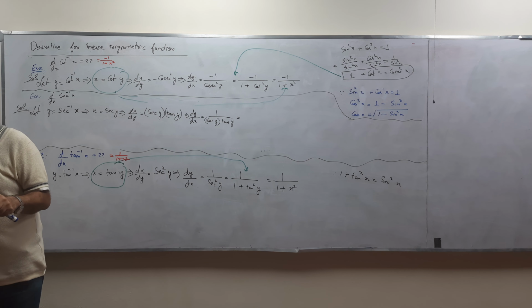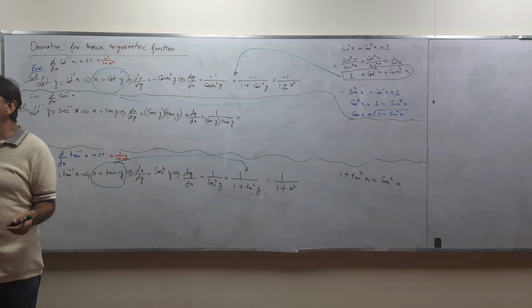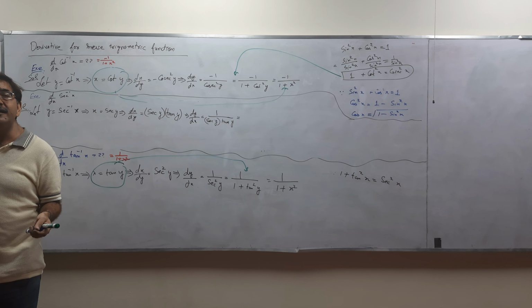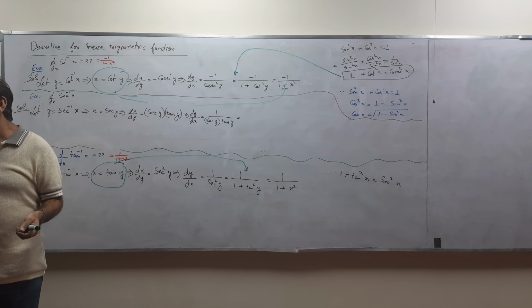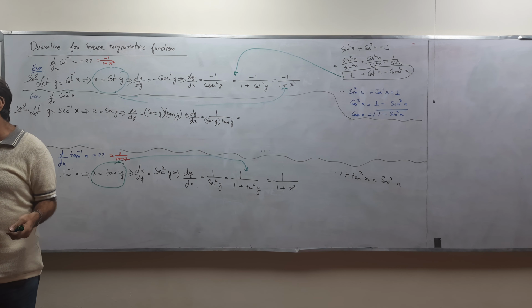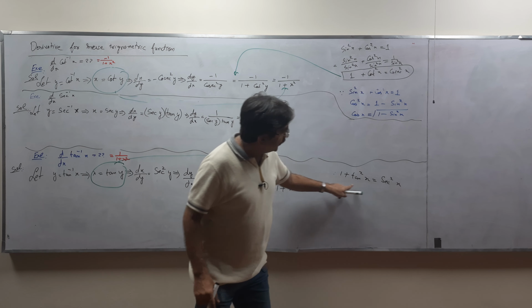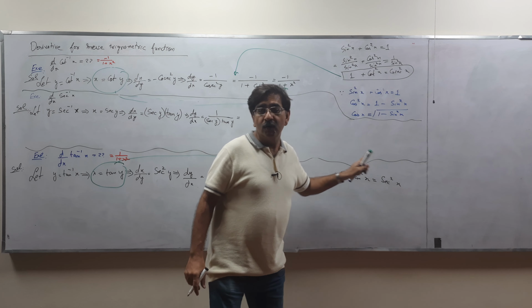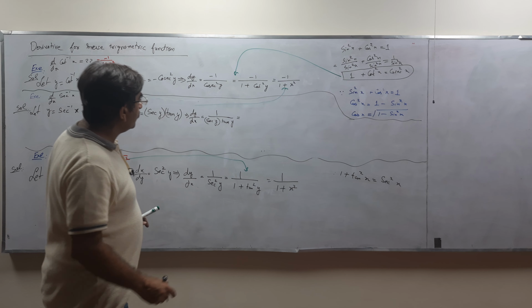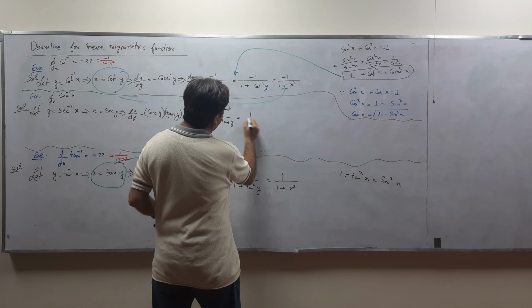So we have to convert tan into secant, as we did before: whatever is available, convert into that. There is no value for tan, so we have to convert the tan, and I have already used 1 plus tan square equal to secant square.